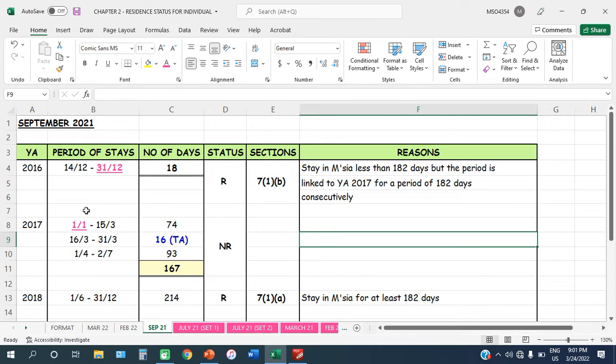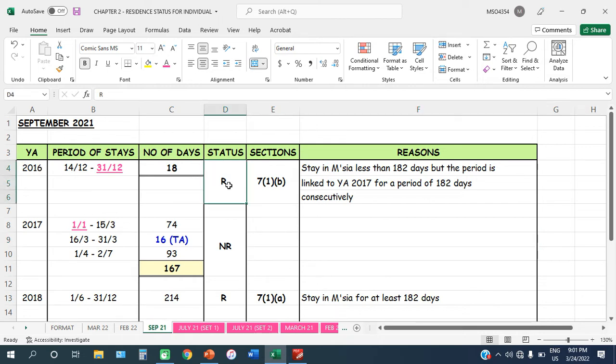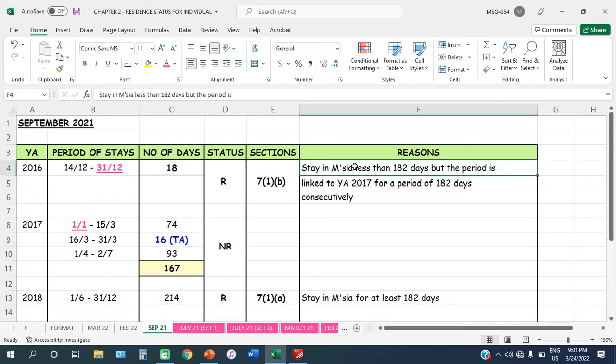Go back to our 2016. So what happened to our status? Resident. What's the section, guys? Section 7, Section 1B, link 2, isn't it? Give reason. Normally for the reason you will be given maybe 2 to 3 ticks, it depends on the answer scheme. How do we give reason? Give me your definition: stay in Malaysia less than 182 days, but the period is linked to, this is very important, guys, linked to which YE just now? 2017.